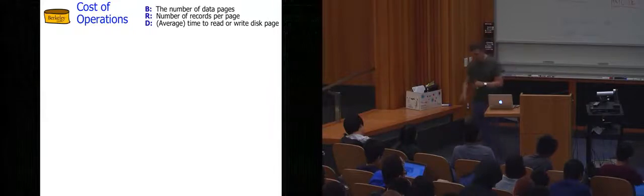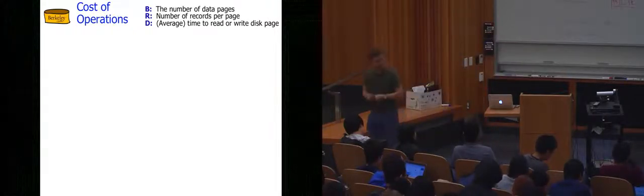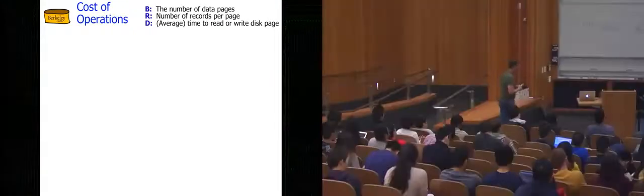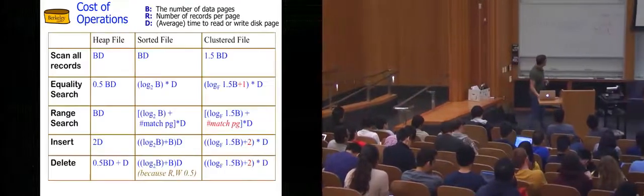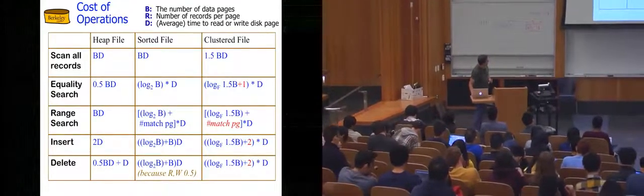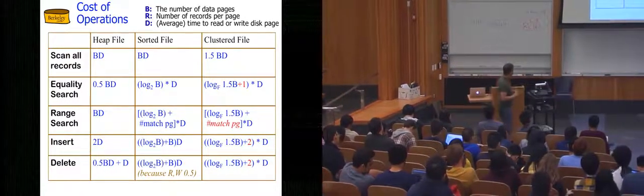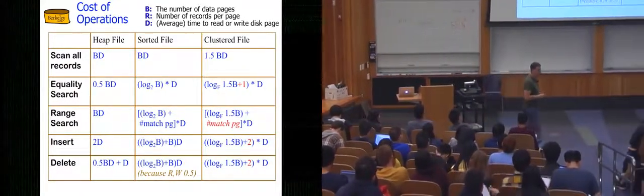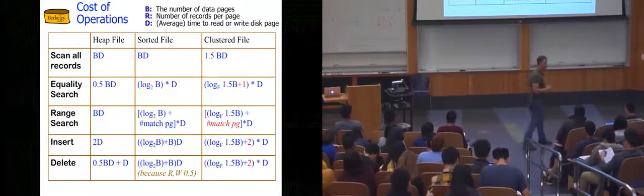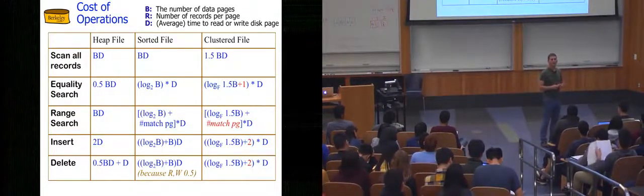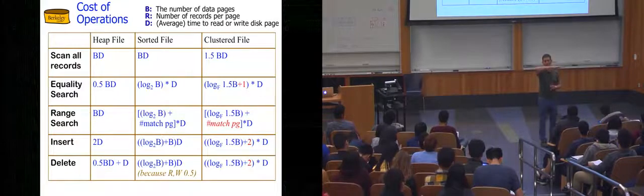All right, with all that, we can now talk about the last column of our table, the clustered file column. Ooh, and I'm filling it in all at once, so we'll just have to figure it out loud. Why is it 1.5 BD to scan all the records in this clustered file? Ignoring the index, just scanning the file.